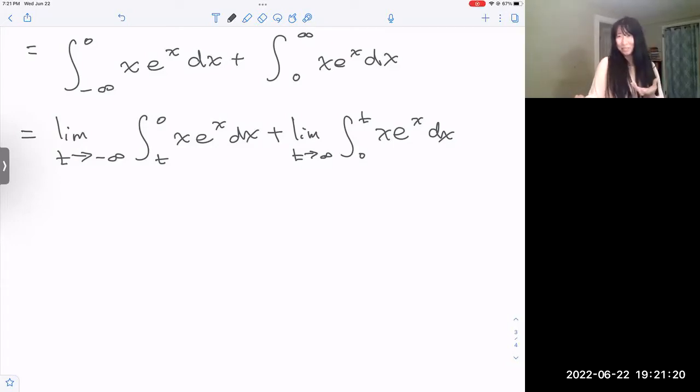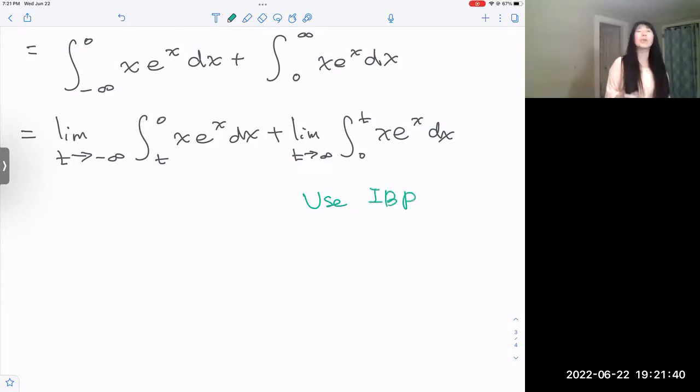So what kind of technique are we using? IBP, okay, integration by parts, we're going to use that, right? Because this is a product of two functions, right?